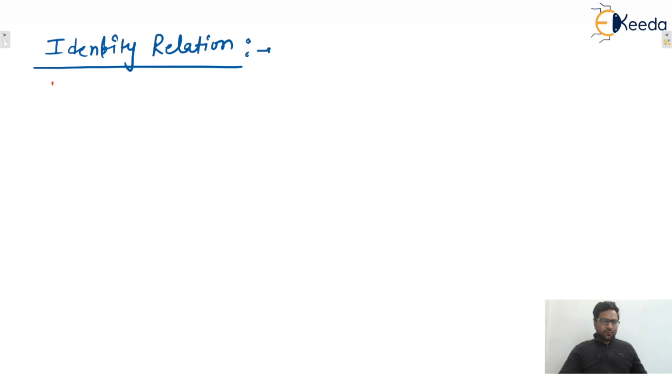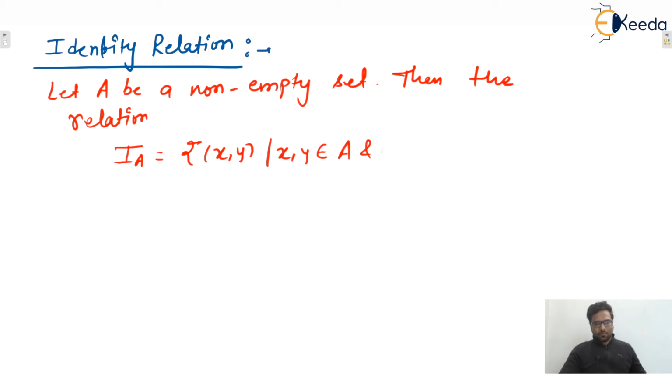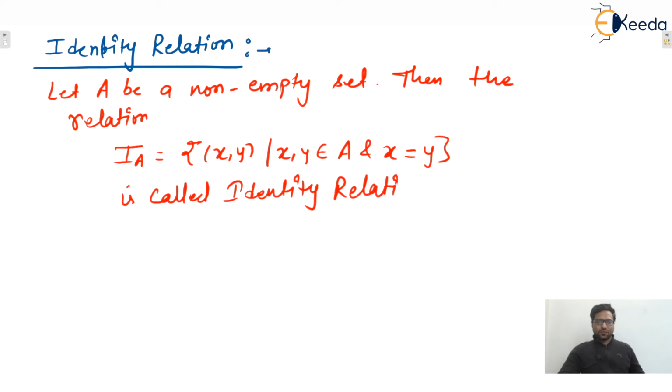Let A be a non-empty set, then the relation of pairs x comma y with x equal to y is known as the identity relation. Consider one example.